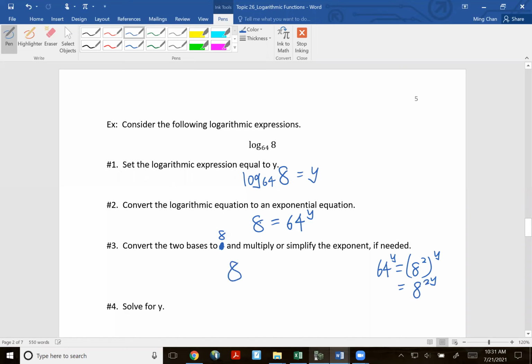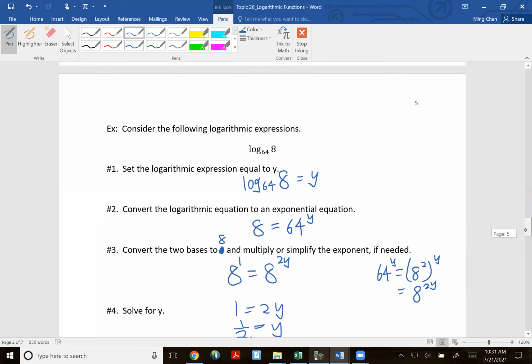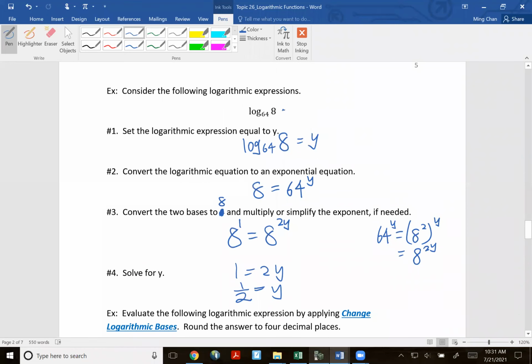So this is 8 to the first power equal to 8 to the 2y power. So 2y is equal to 1. Set the exponent equal to each other. y is equal to 1/2. So that's 1/2.